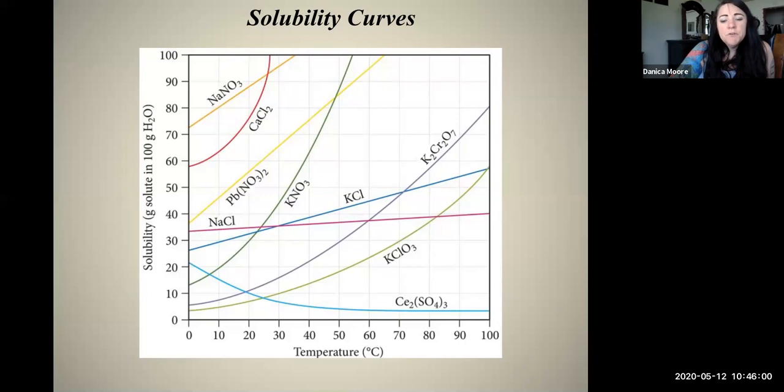Yeah, the cerium sulfate. Does that make sense, guys? So this guy right here is going to have the only negative delta H of solution on this curve, right? It's not the only thing that has a negative delta H, but it's the only thing on this particular representation that does.